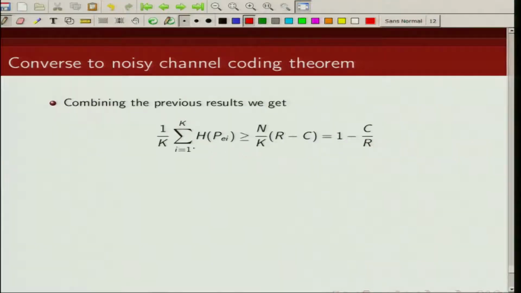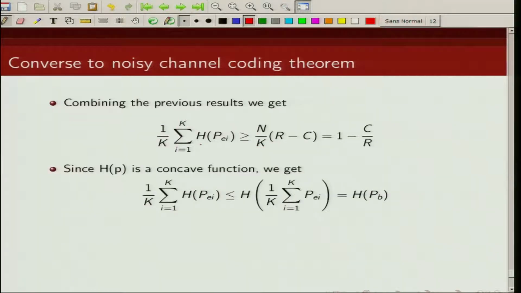So we can write that the summation of H of Pi is lower bounded by n times (R minus C), and if we divide both sides by k, on the right hand side we get n by k times (R minus C), which is nothing but 1 minus capacity divided by the rate.